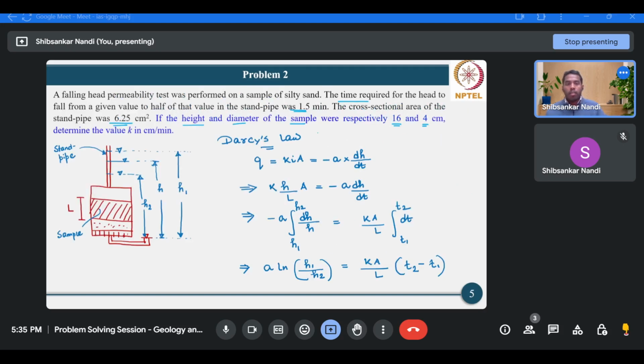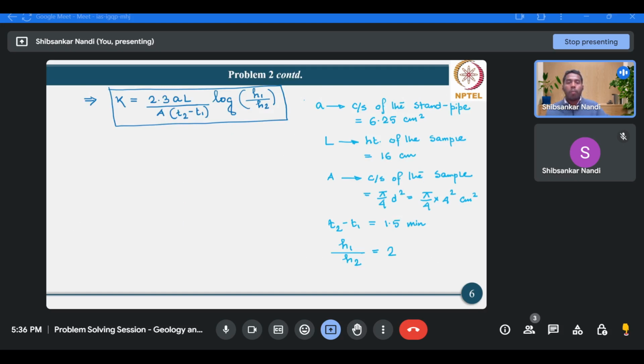As per the problem statement, the time required for the head to fall from a given value to half of that value in the standpipe was 1.5 minutes. So over this time, t2 minus t1, that is 1.5 minutes, the initial head is reduced to its half value.